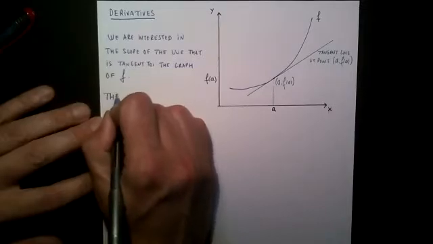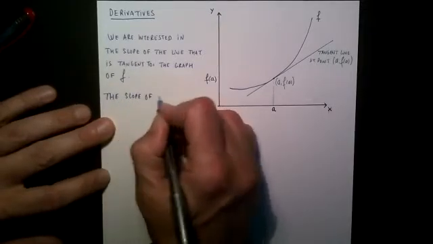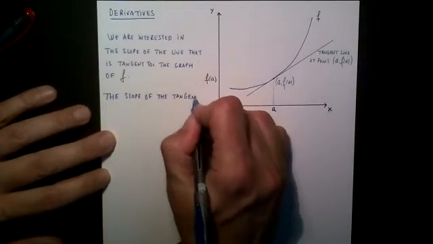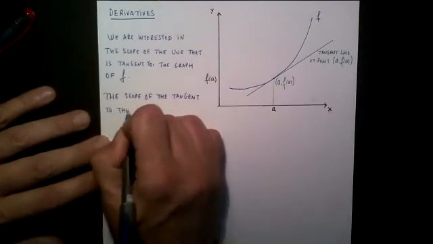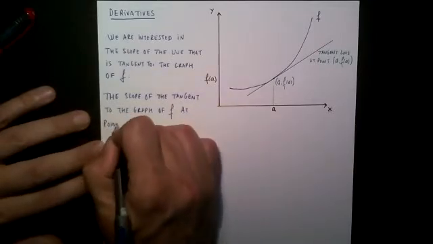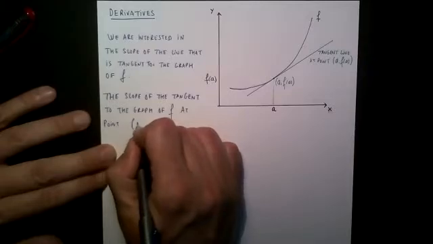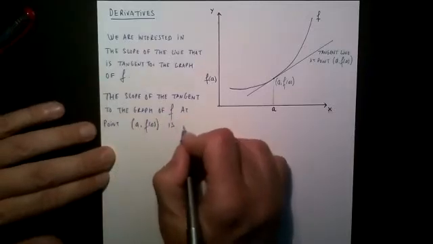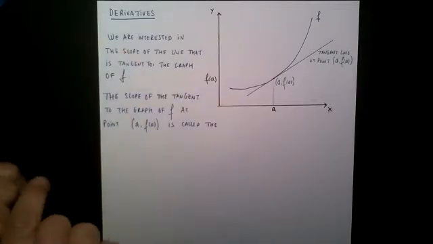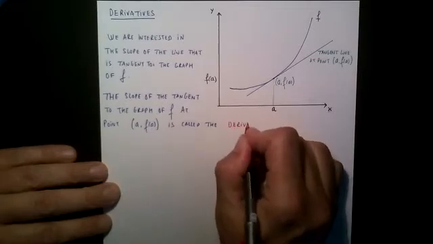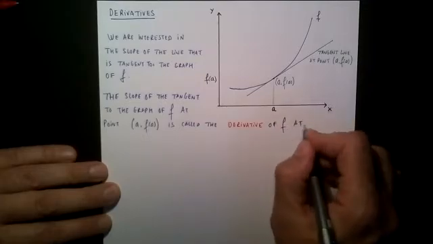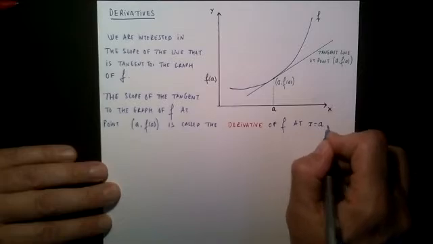The slope of the tangent to the graph of f at point A, f of A is called the derivative of f at x equals a.